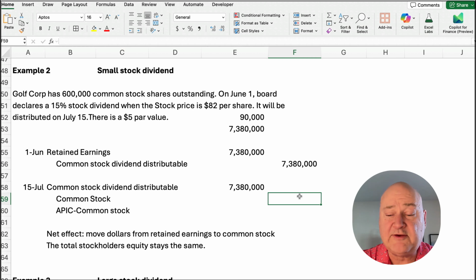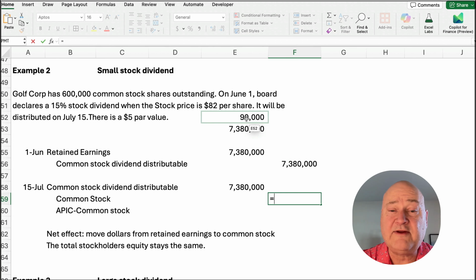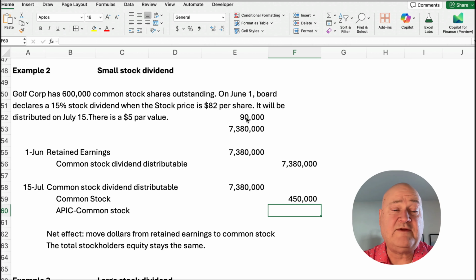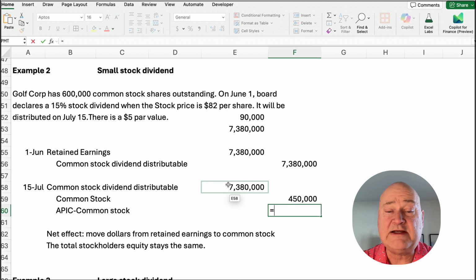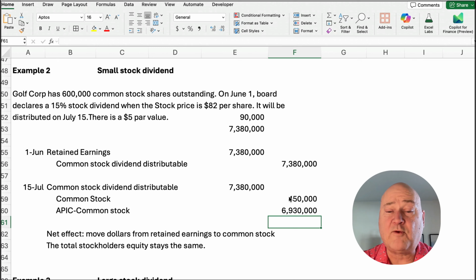Common stock is going to be 90,000 shares times the par value of $5. So that's 450,000. We have to show that at par value, and then the remainder goes to APIC, or additional paid-in capital. So 7.4 million minus the 450,000 is 6,930,000.